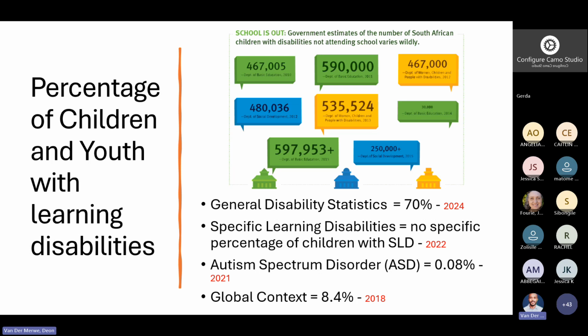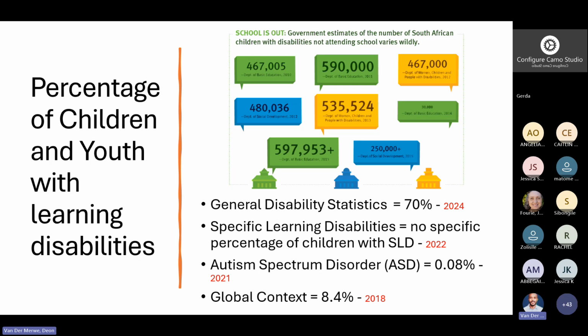For autism spectrum disorder, that is ASD, in the Western Cape, literature has uncovered 0.08% of the learner population identified with this disorder. And the number of diagnoses has been rising in recent years. And this figure doesn't cover all learning disabilities, though.